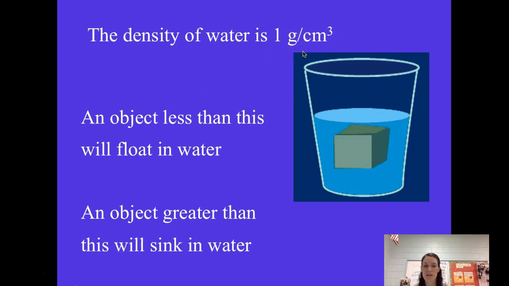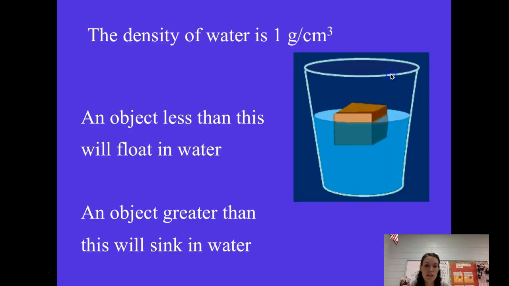What kind of numbers are less than 1? Fractions and decimals. Good. So we're looking at things that might be, you know, 0.8 grams per cubic centimeter or something like that. So a decimal or, you know, 3/4, any kind of fraction. So those kind of things are going to float in the water, whereas greater numbers than 1 are going to sink in the water.